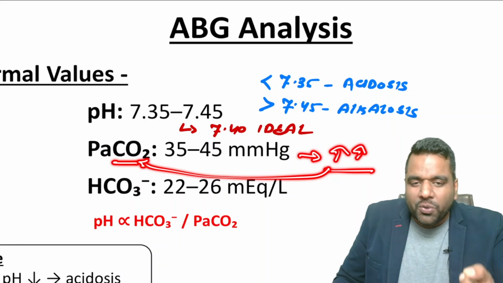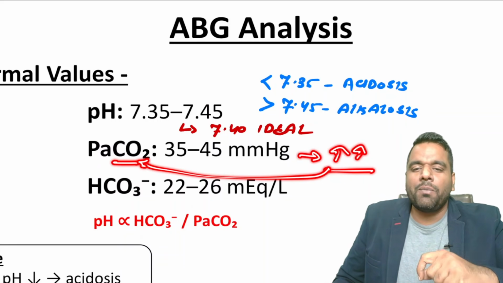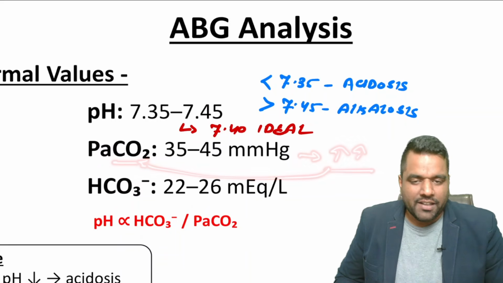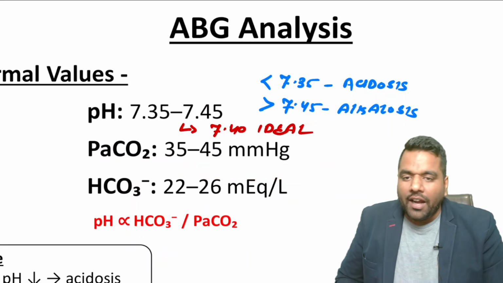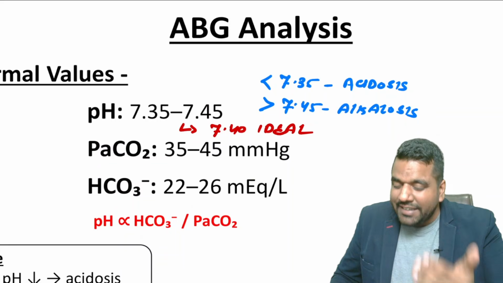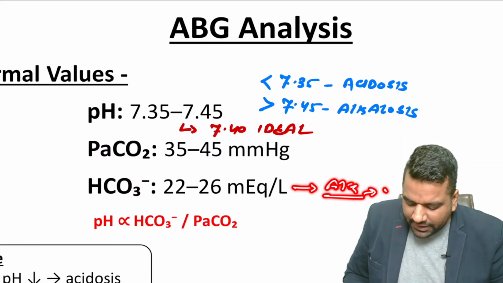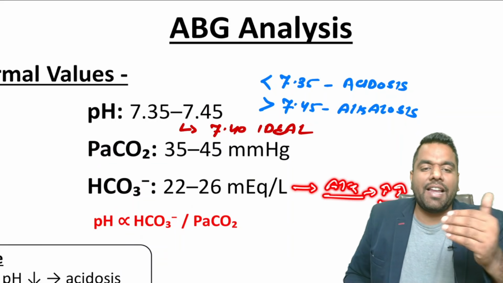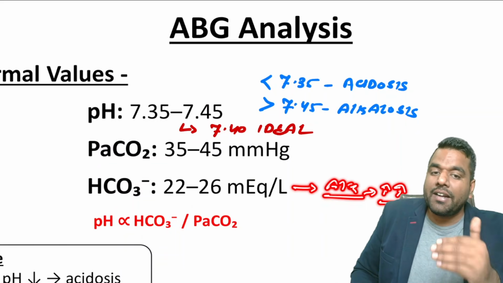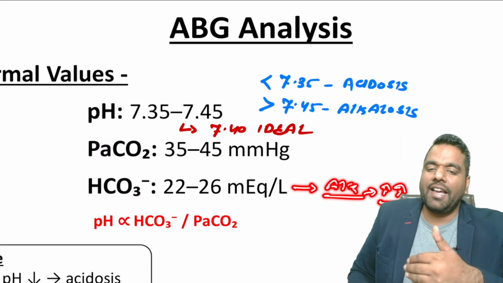But if the CO2 is decreased, it will take the blood pH towards the alkaline side. Similarly, if bicarbonate increases, the property of bicarbonate is alkaline, so it will take the pH towards the alkaline side.